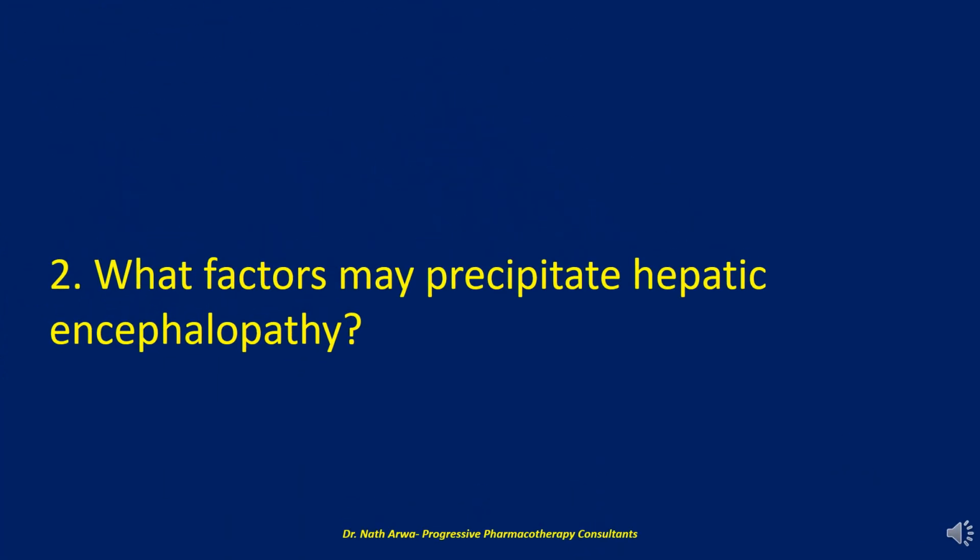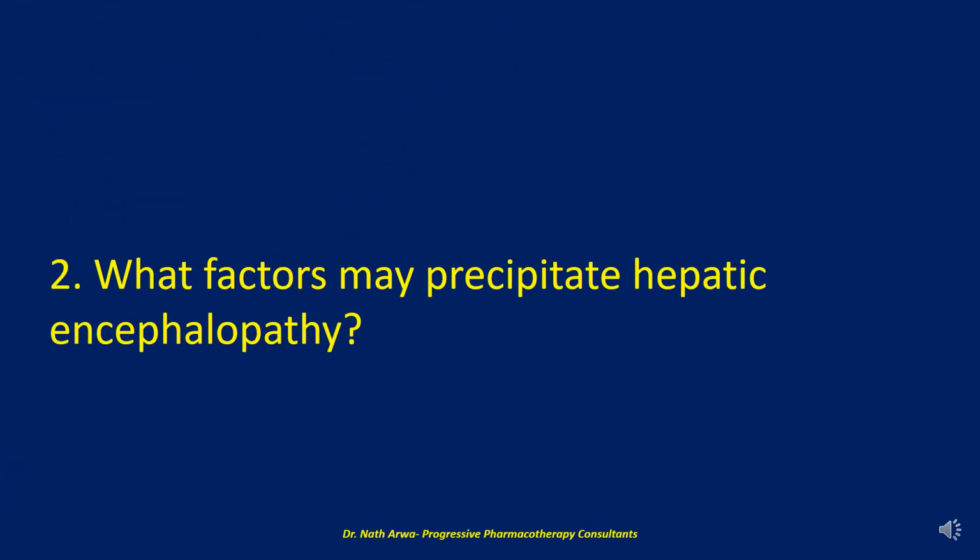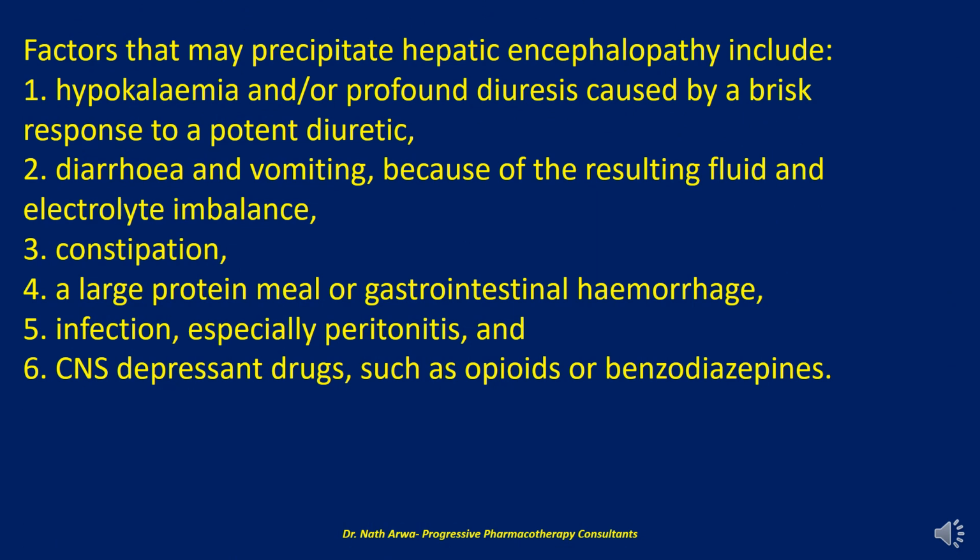Question 2 reads, what factors may precipitate hepatic encephalopathy? Factors that may precipitate hepatic encephalopathy include the following. 1. Hyperkalemia and/or profound diuresis caused by a brisk response to a potent diuretic. 2.